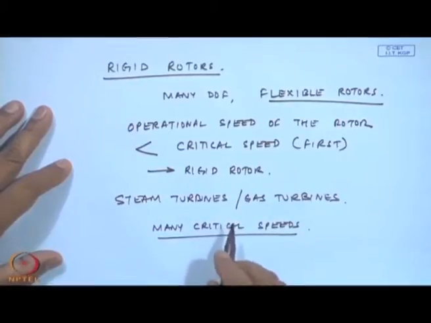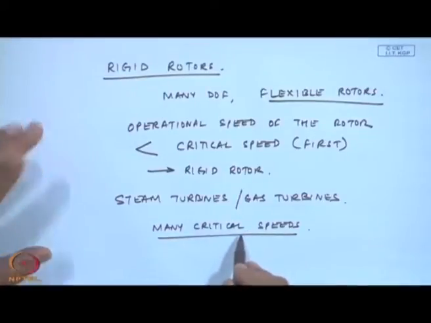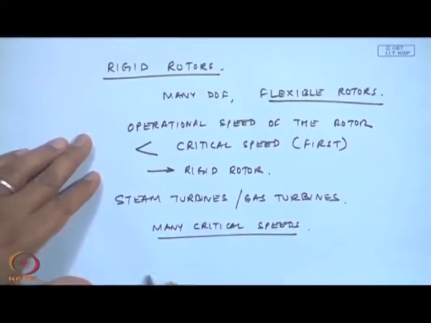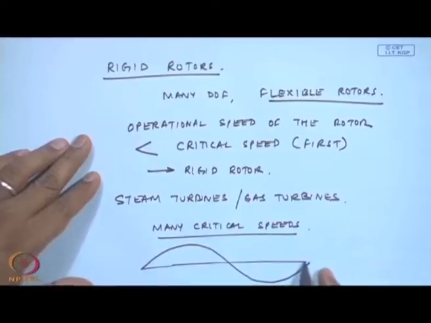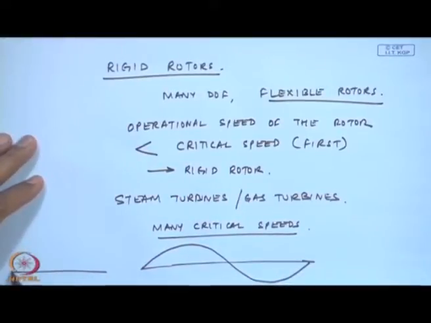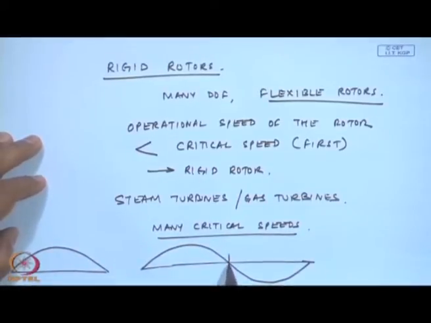So, balancing may not be possible in one plane, because if I think of the mode shapes of the shaft at many speeds, this could be a mode shape, this could be the second mode shape, this could be the first mode shape, and so on. Okay. Sometimes because of mode locations, this may have no motion, but then if I balance here, try to reduce it, I am not doing anything here. Okay. So, in the case of flexible balancing, we have to balance in different planes.